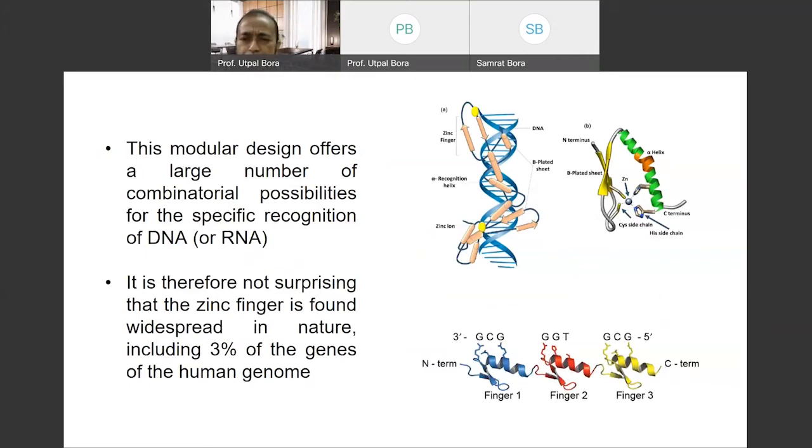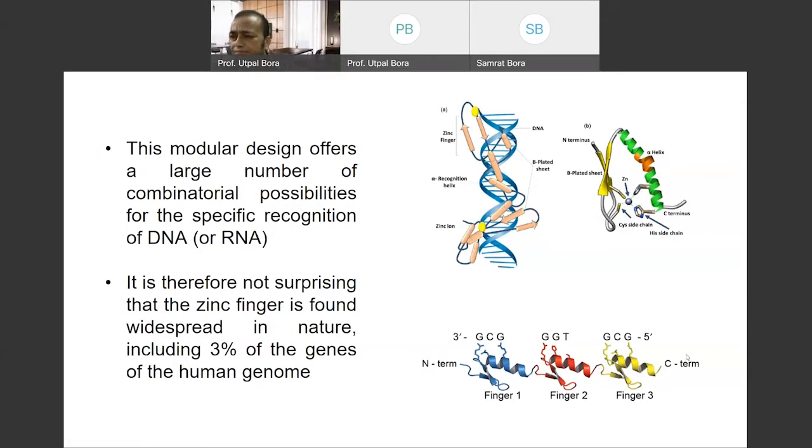So it is not very surprising that zinc fingers are found widespread in nature. Of the human genome, 3% of the genes have zinc finger associations.